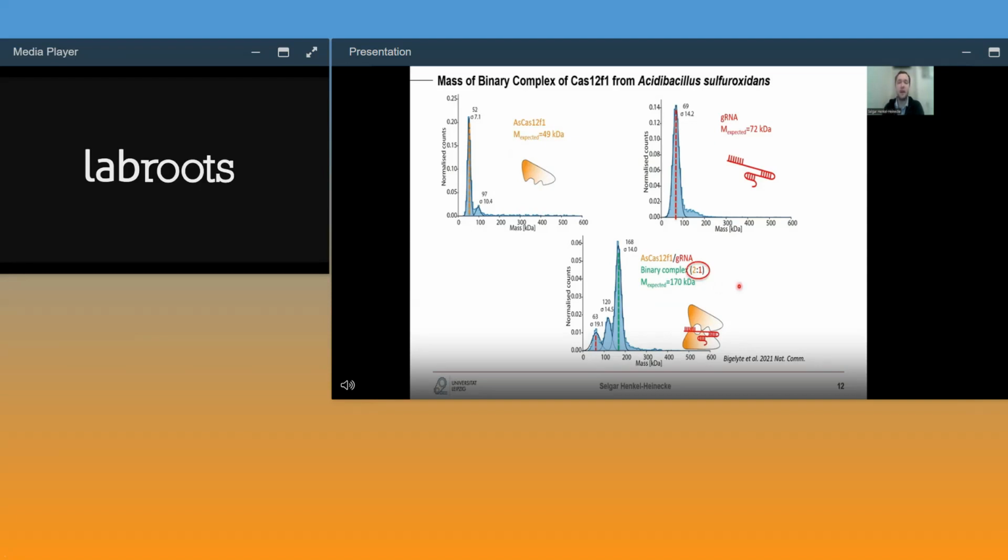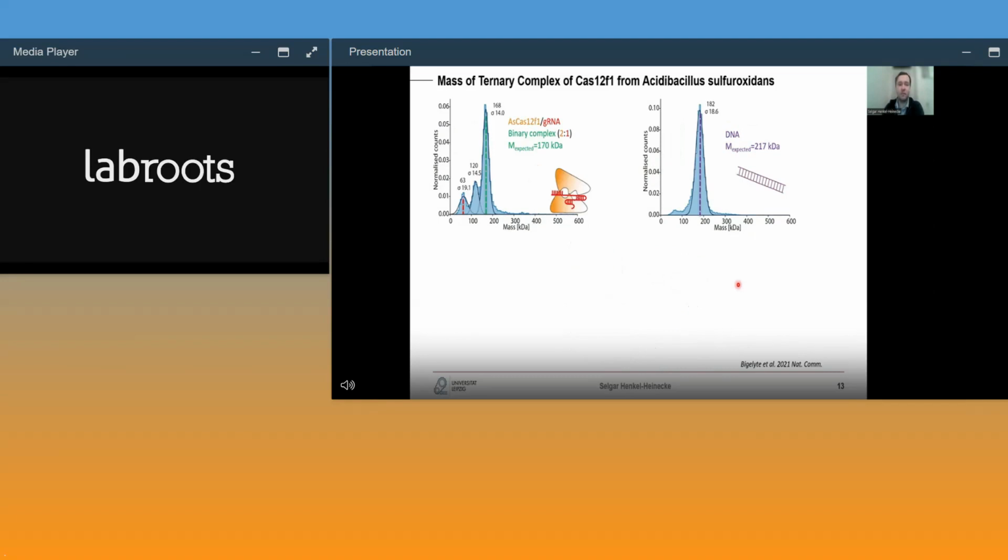And we went further on, again looking if the binary complex is also targeting DNA. And for one note again, we have from the calculated mass and the appeared mass again about 20% less.